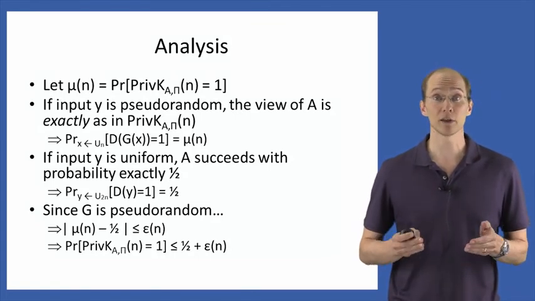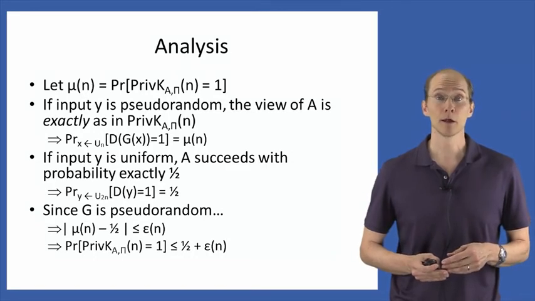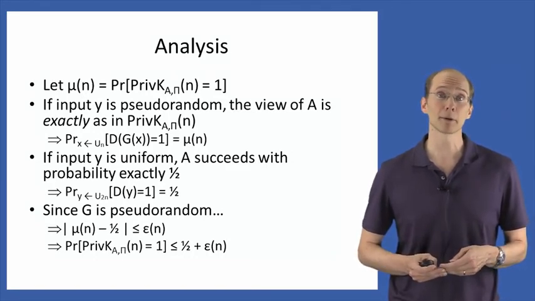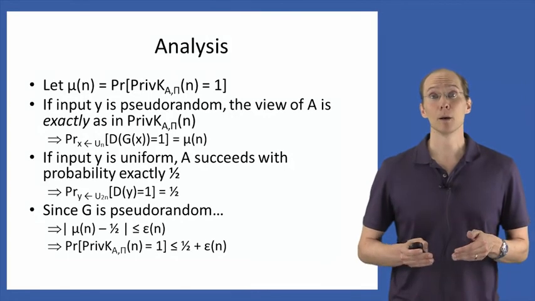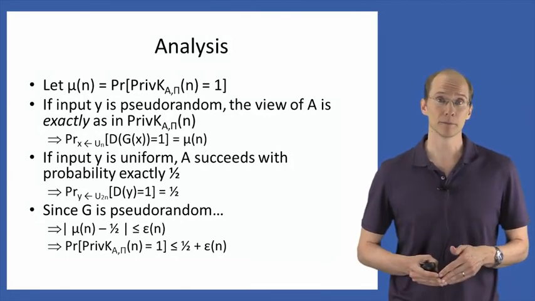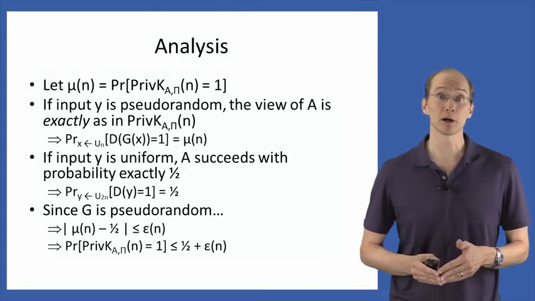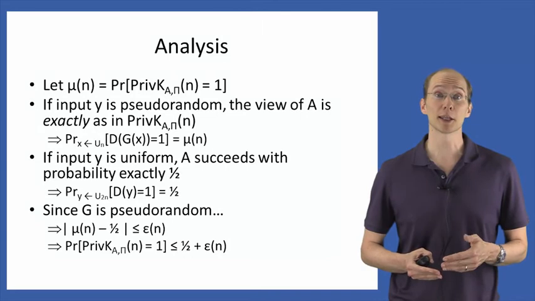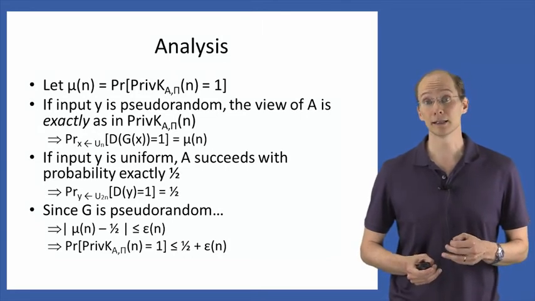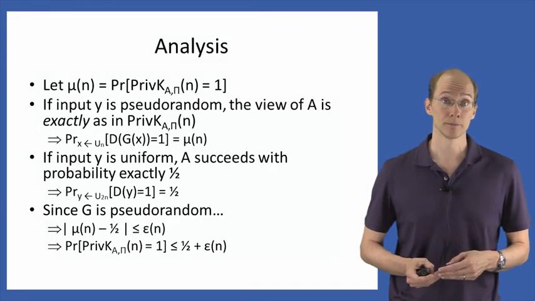Or more exactly, the absolute value of the difference has to be bounded by some negligible function. So there exists a negligible function, epsilon of n, such that the absolute value of mu of n minus 1/2 is at most epsilon of n. And just substituting in terms and rearranging and doing some algebra, we see that this implies that the success probability of A in attacking pi is bounded by 1/2 plus epsilon of n, for epsilon of n a negligible function.